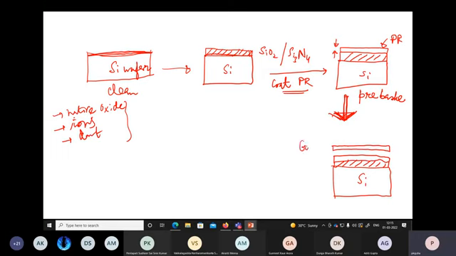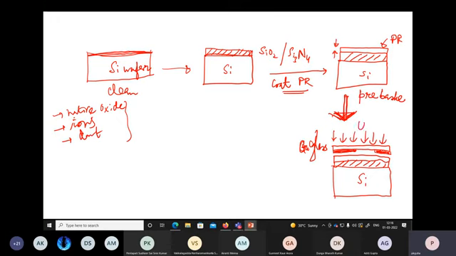This mask is usually made of chrome glass. This mask will have some opaque space and some transparent space. This may be my opaque portion and this portion may be transparent.